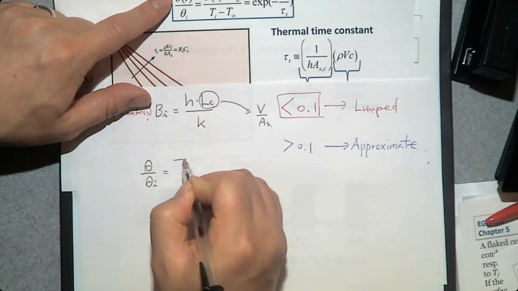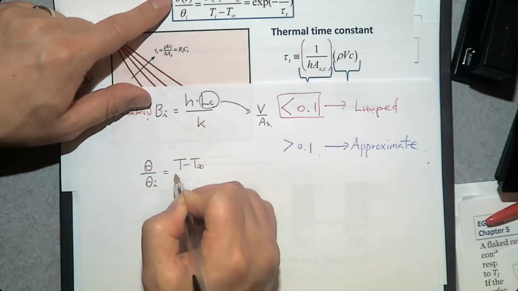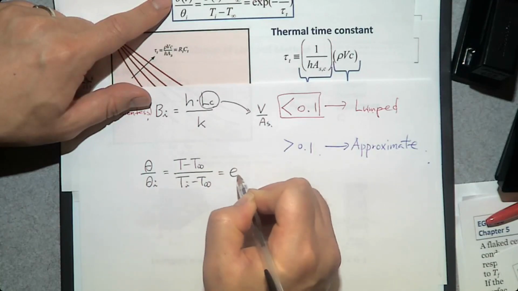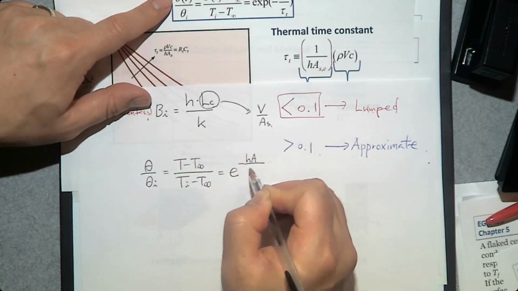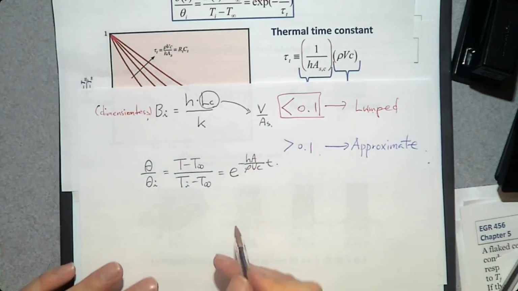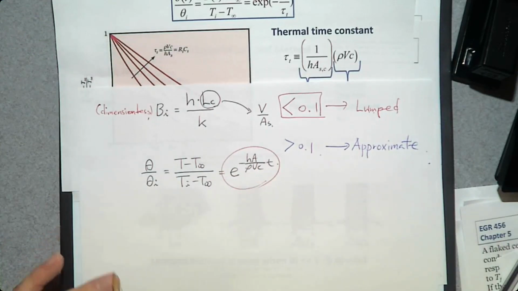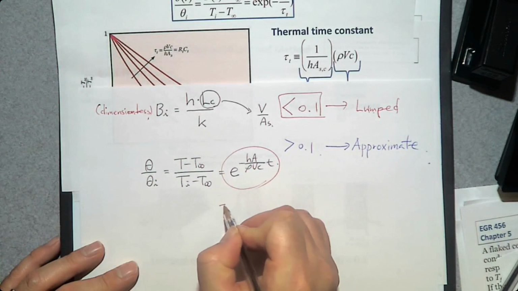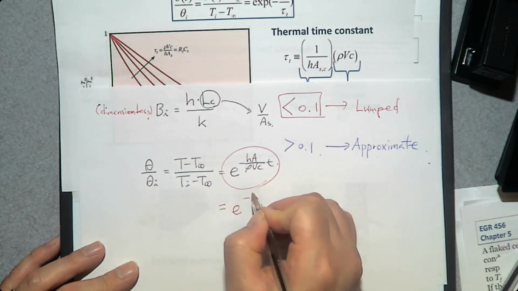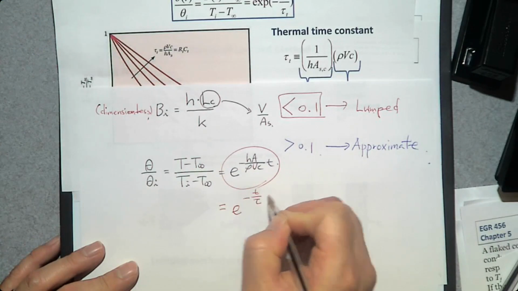In other words, (T - T∞)/(Ti - T∞) is e^(-hA/ρVc t). And many people like to simplify this, especially engineers. Some people like to say it's going to be e^(-t/τ).